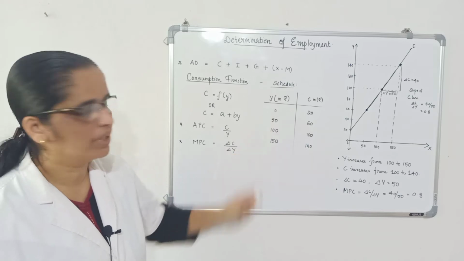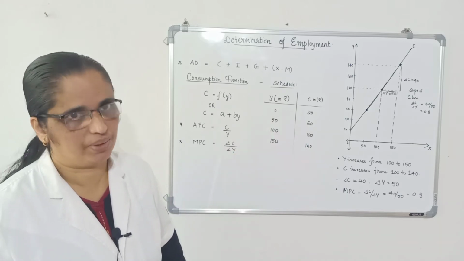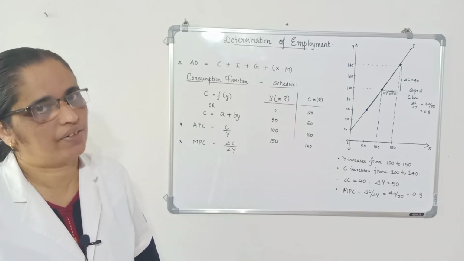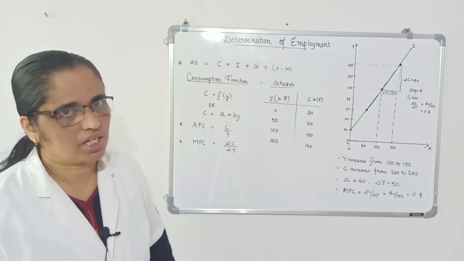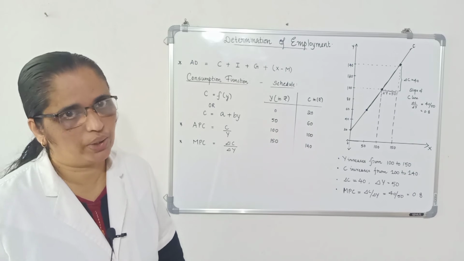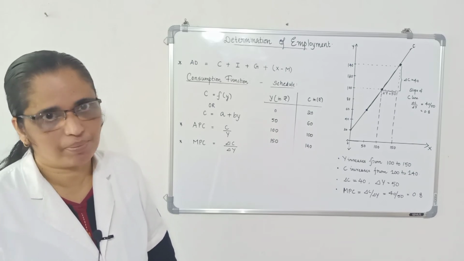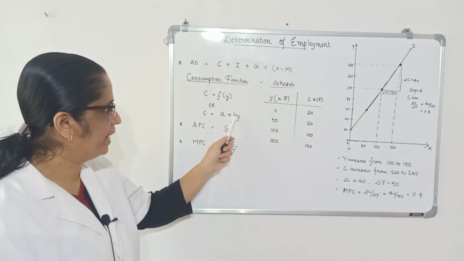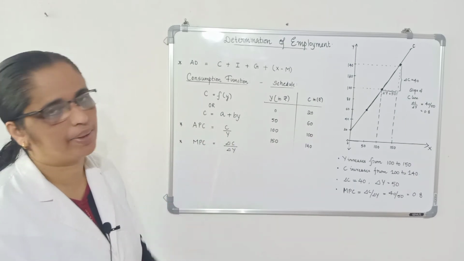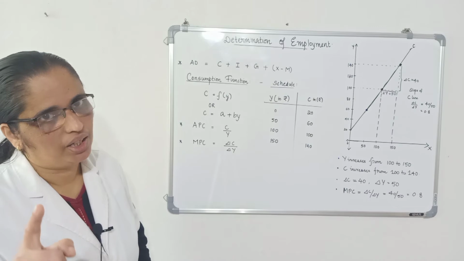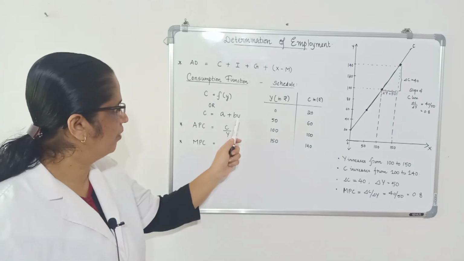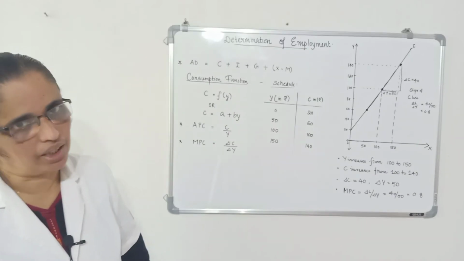At that point, savings will be negative. It is known as dis-savings or negative savings, because income is equal to consumption plus saving. Now, what is B? B stands for MPC. The value of MPC is always positive but less than 1. Y stands for level of income.